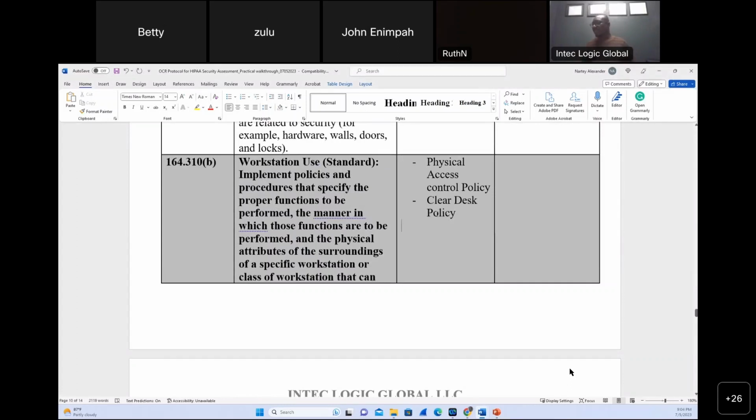Some companies develop a clear desk policy, so you should be able to tell people how they should use the workstation.